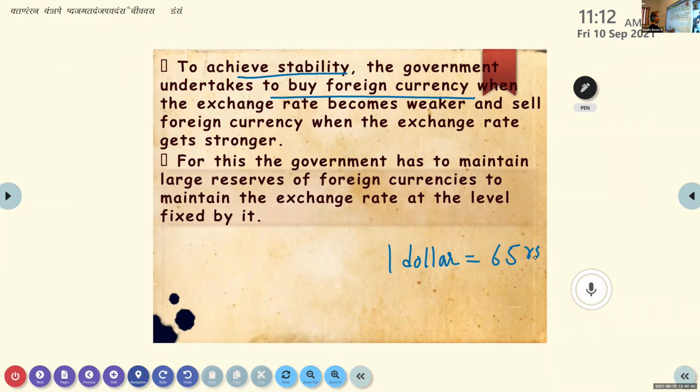At the same time, in another situation, $1 is equal to 50 rupees. So here the value of our currency has increased compared to the previous situation. So whenever there is a fluctuation like this, when we say $1 is equal to 65 rupees, what do you mean by that?